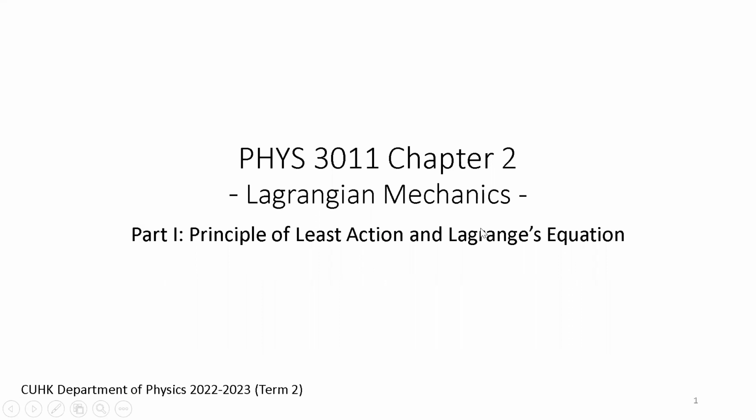So chapter 2 is on Lagrangian mechanics. In the introduction last time, I told you that instead of starting from Newton's second law, here we use a different perspective. We have a particle moving in a certain trajectory, and we are trying to minimize a physical quantity of that trajectory.